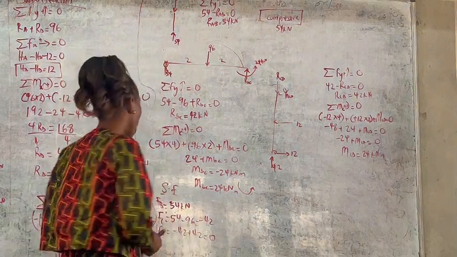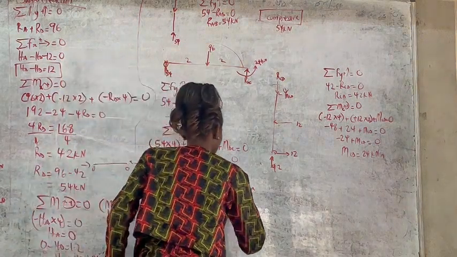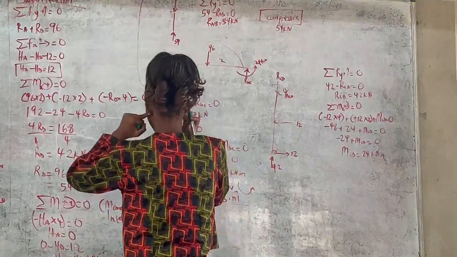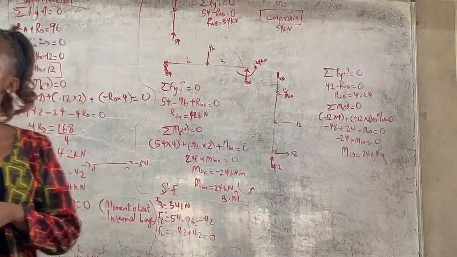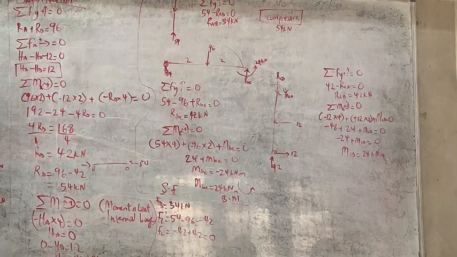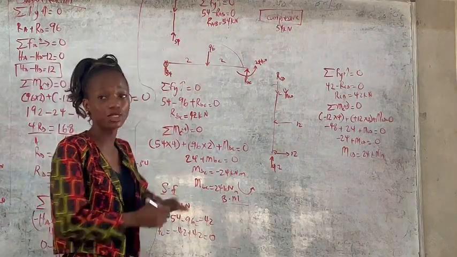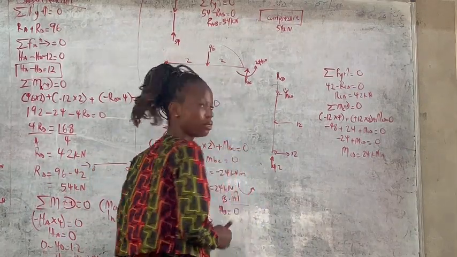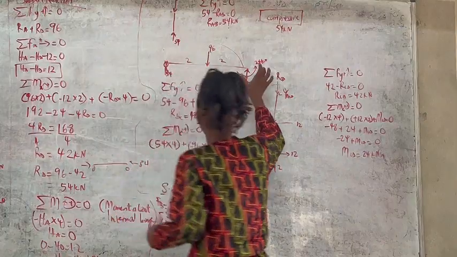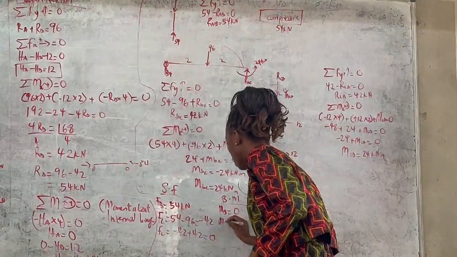That's the shear force calculation. Now the bending moment calculation for this part. The moment at 3 here is 0. There's the moment here, so we have to find the moment at 6 first.